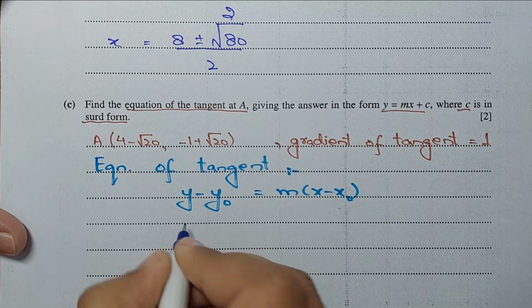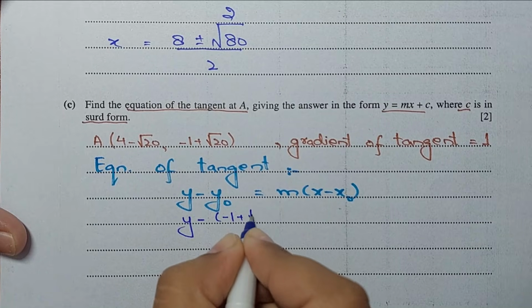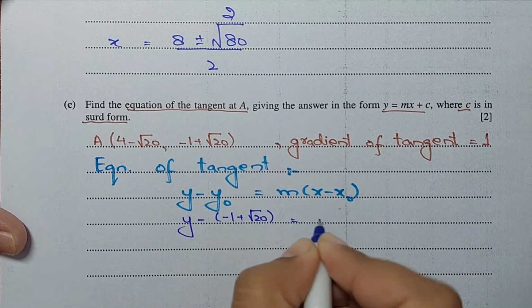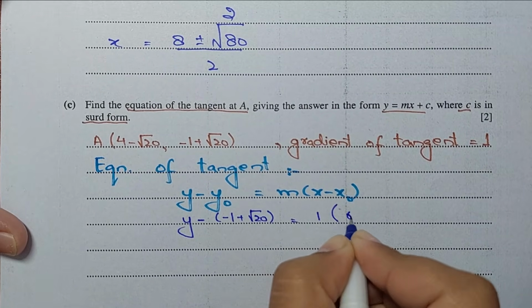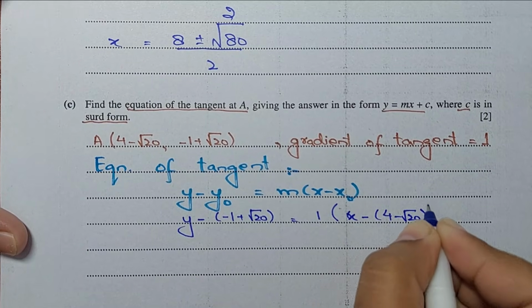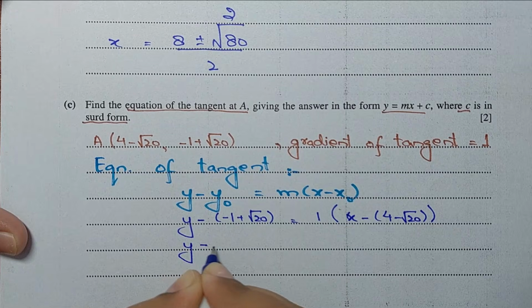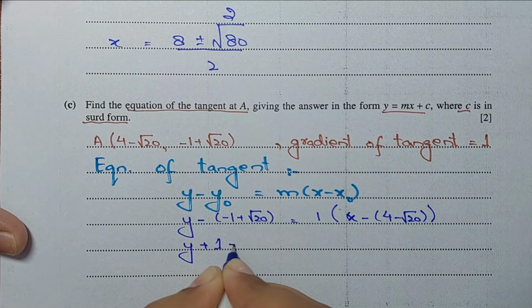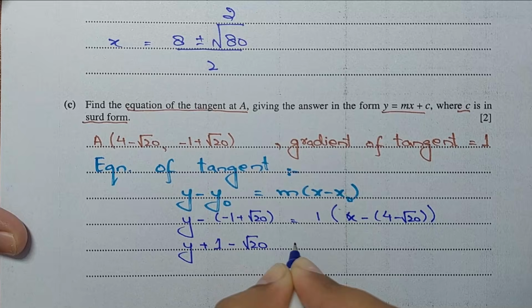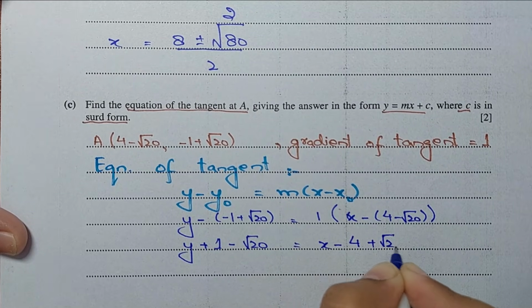Now y minus y naught is y minus of minus 1 plus root 20, equal to the m value 1 into x minus x naught, which is 4 minus root 20. So y plus 1 minus root 20 would be equal to x minus 4 plus root 20.